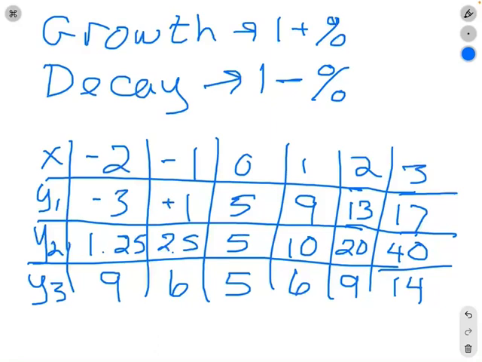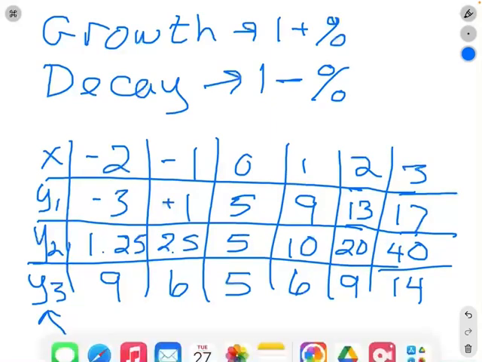One is linear, one is exponential, one is neither. So the first thing we should notice is for linear and exponential, it's either growth or it's decay or decrease. It can never be both. So that tells you right away that y3 is neither.